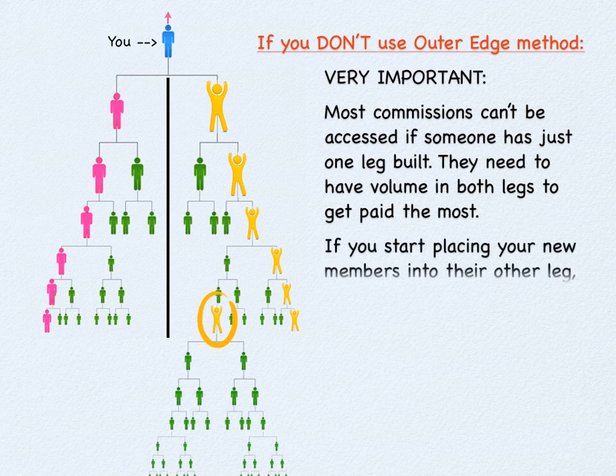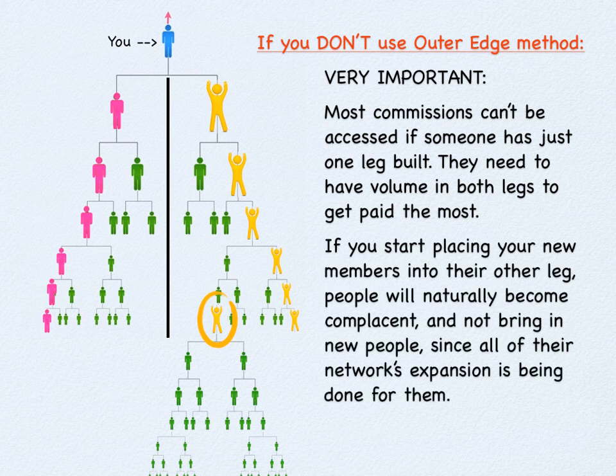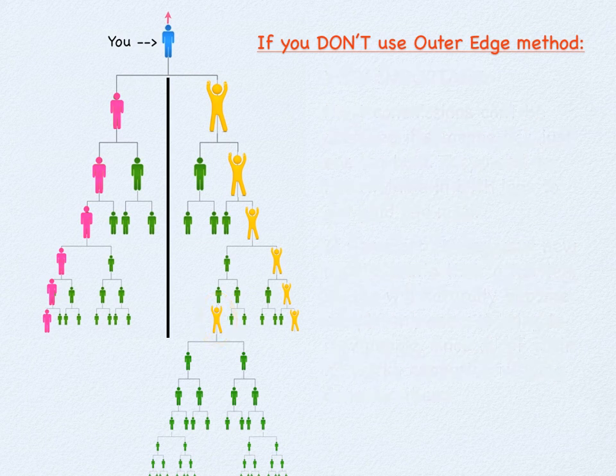So if you start placing your new members into their other leg, people, just by being human, will become naturally complacent and stop bringing in new people, since all of their network expansion is being done for them. You're literally building both legs of their organization. They can sit back and just collect checks. So that is really a bad situation to create, as you will see.